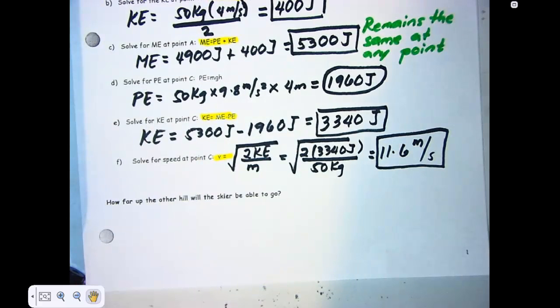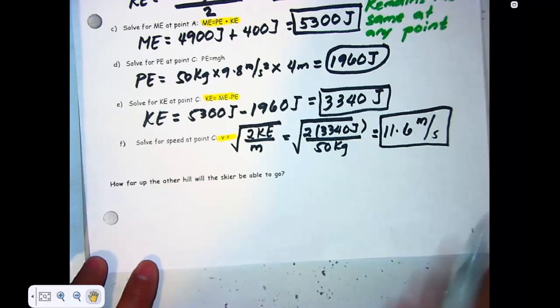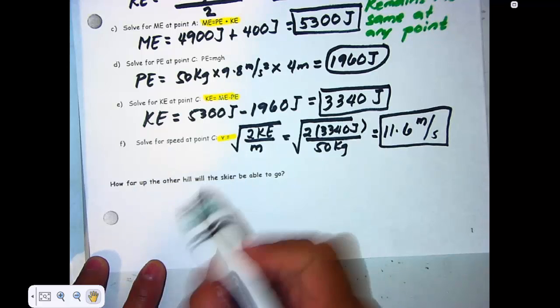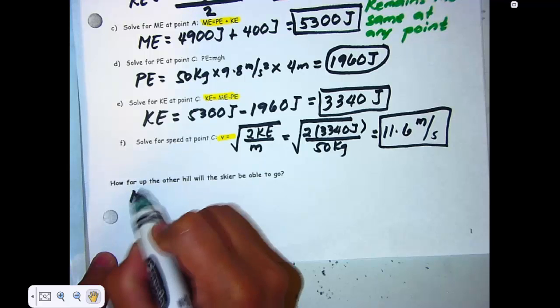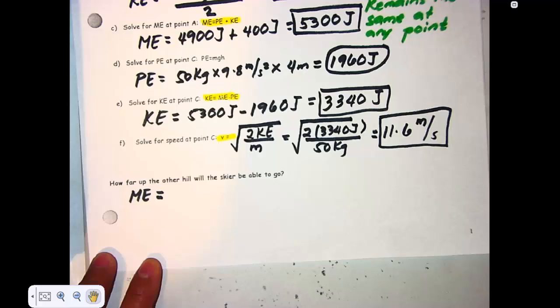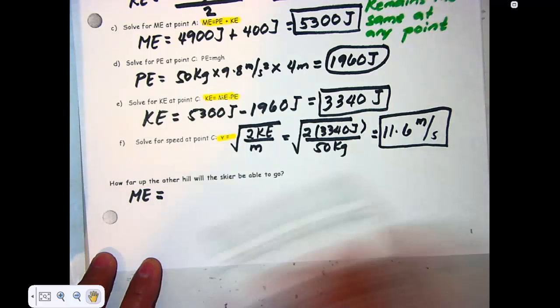Now, for the last question here, it's asking us, how far up the other hill will the skier be able to go? First of all, remember that the skier is already moving. So, if the object is already moving, what you need to do is use the equation, which is mechanical energy at that point will now be the sole energy that she will use to go up the other hill.